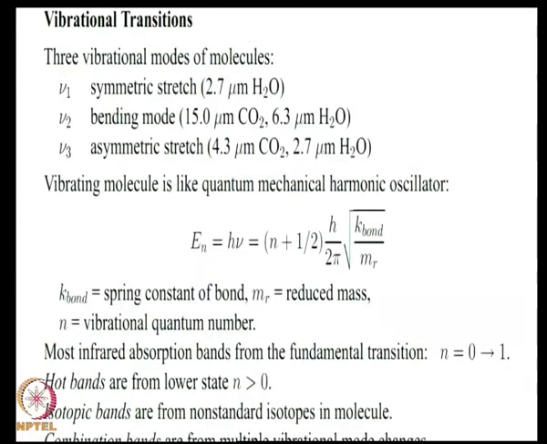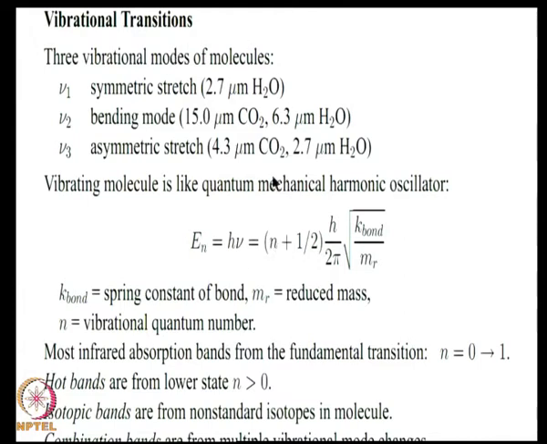Similarly, for vibrational transition, you treat the molecule as a simple harmonic oscillator with 2 masses m1 and m2, and so you can calculate the vibrational frequency as root k by m, the standard simple harmonic motion, and this n plus half comes from quantum mechanical requirements. Here n, or j, is the vibrational quantum number.